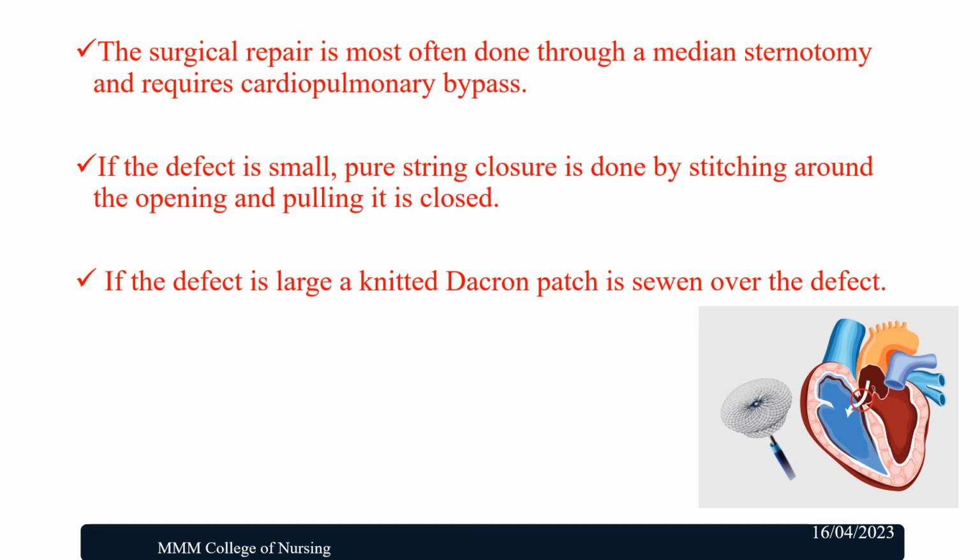If the defect is small, you can close it by purse string closure, done by stitching around the opening and pulling it closed. If the defect is large, a Dacron patch is sewn over the defect. So these are the surgical management.